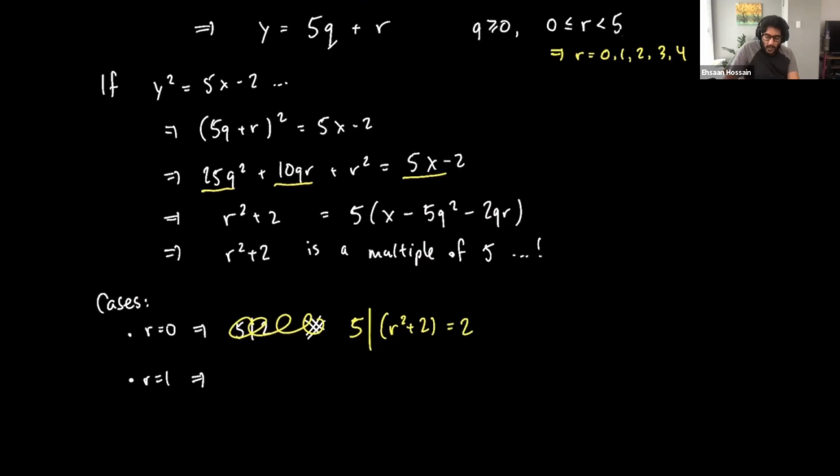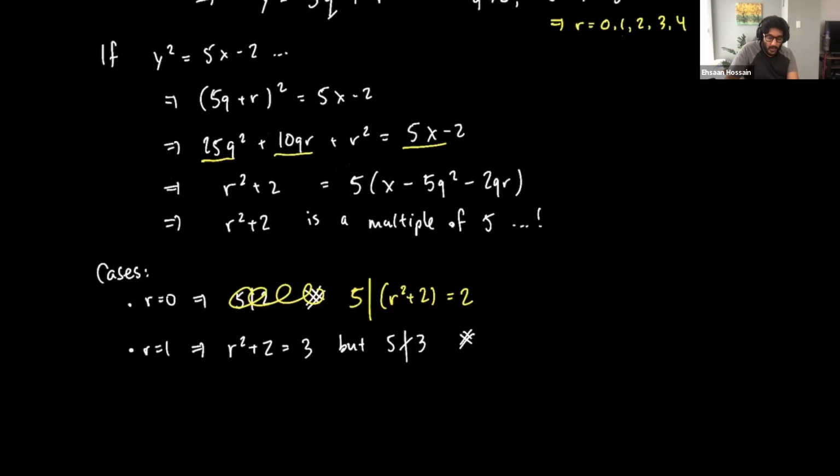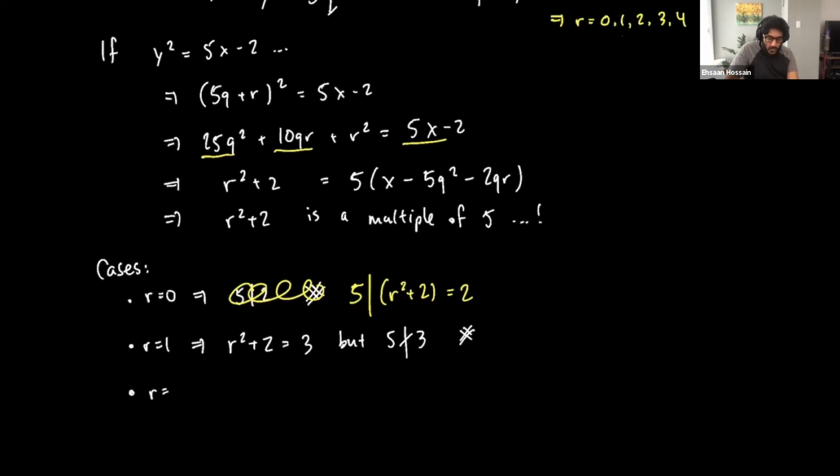If r equals 1, then what's r squared plus 2? That's going to be 3, but 5 does not divide 3. So I've got a contradiction here too. If I do r equals 2, I have 2 squared plus 2, which is 6. But 5 does not divide 6, and I've got a contradiction.